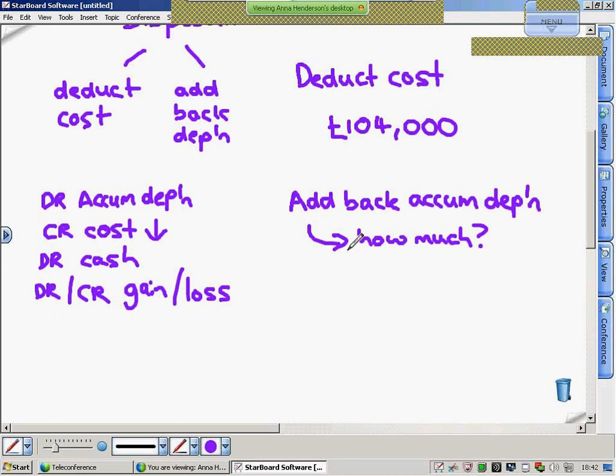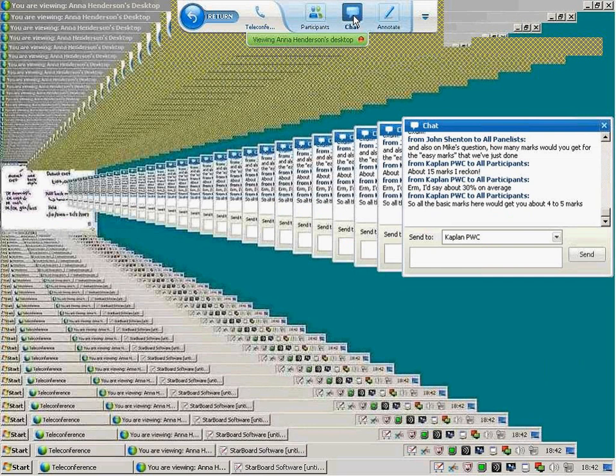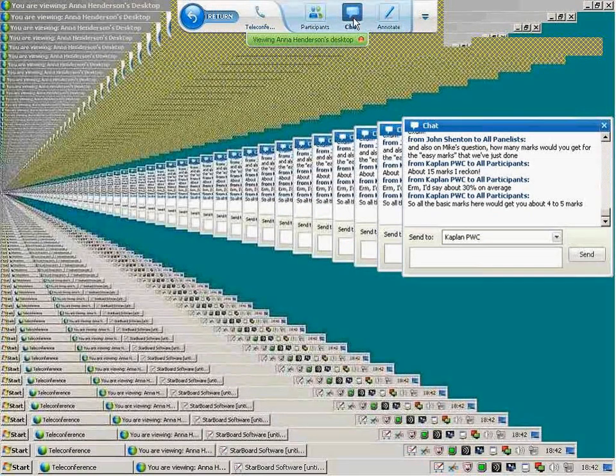We've had this asset, and we can see from the question, from 1st of October 2004 till the 31st of March 2007. Somebody brave in the chat panel, how many months is that?